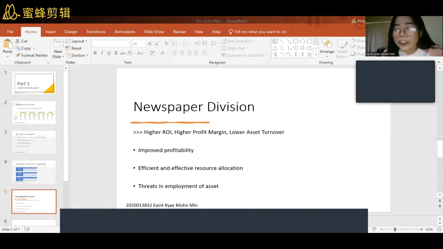It has successfully generated higher profits than the previous year upon the investment. And then a higher profit margin means good profitability, and cost management has improved. It utilized the resources effectively and efficiently.